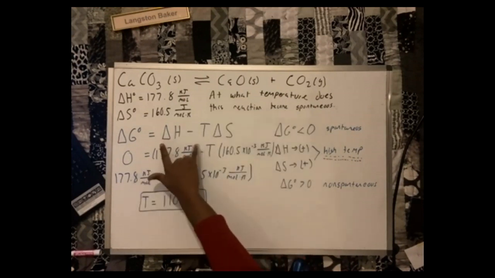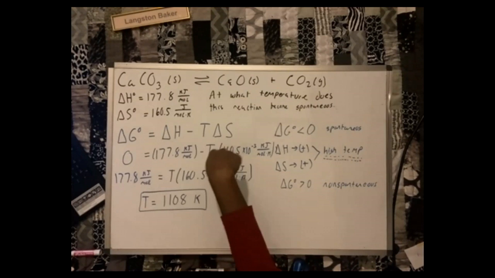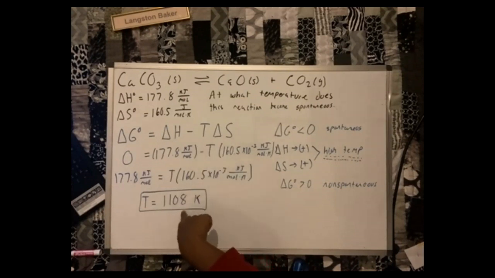You basically solve this equation for temperature when delta G is 0, which we did, and that's the temperature it becomes spontaneous at. Does that make sense? Yes, cool. Any questions on this? Awesome.